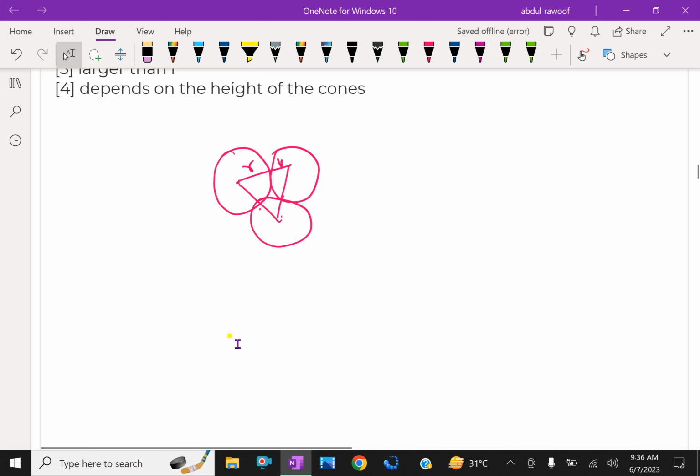The centers of the bases of the cones form a triangle of side 2r. The circumcircle of this triangle will be identical to a circle drawn through the vertices of the cones.